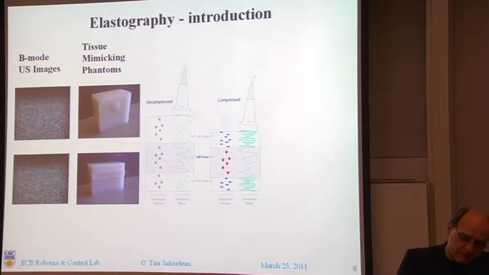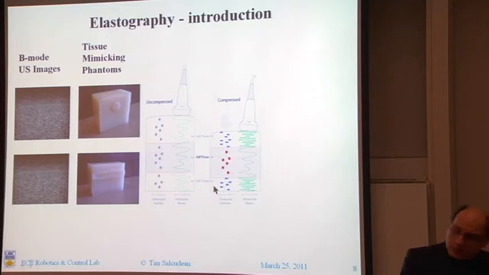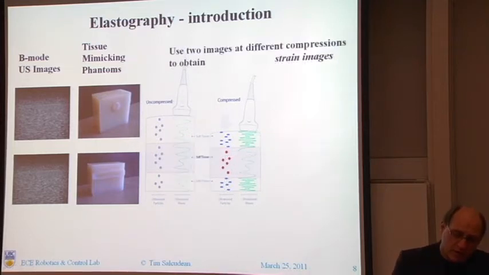If you, however, take two ultrasound images, one in an uncompressed state and one in a compressed state of the same thing, the relative position of the scatterers that produce your image will actually be different.